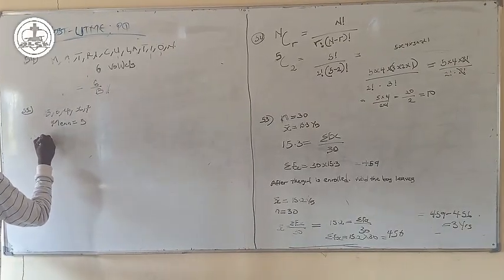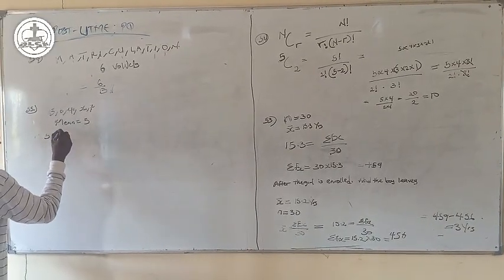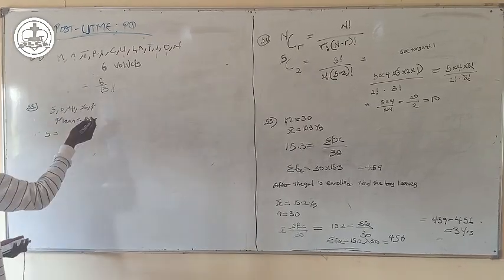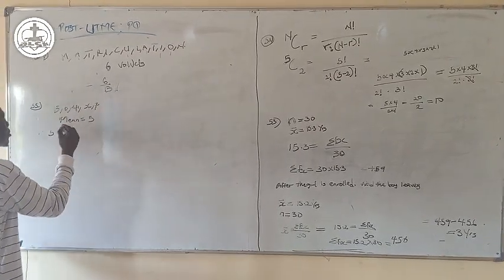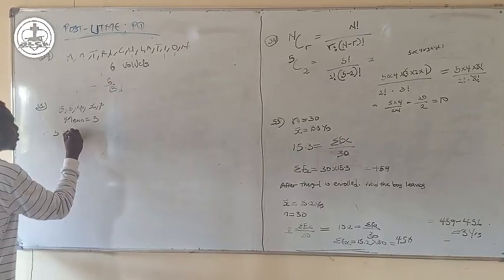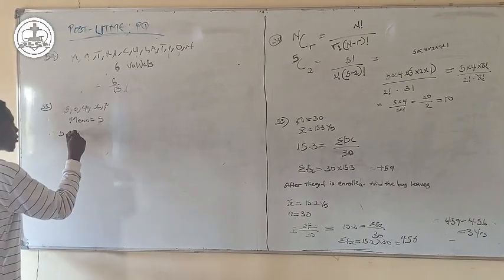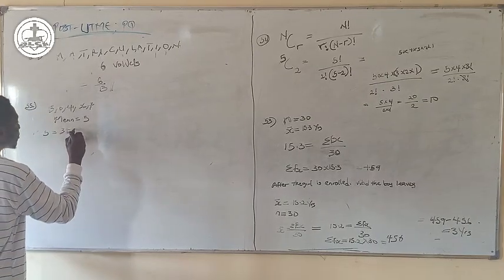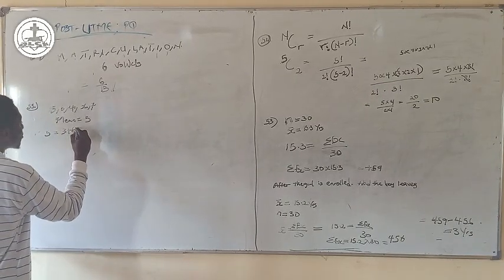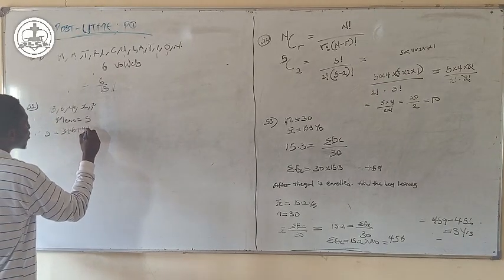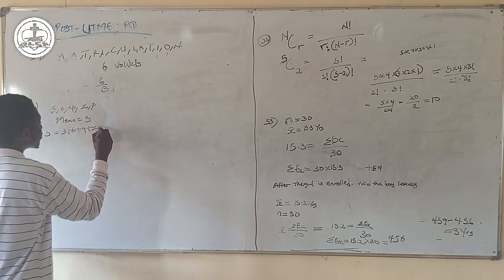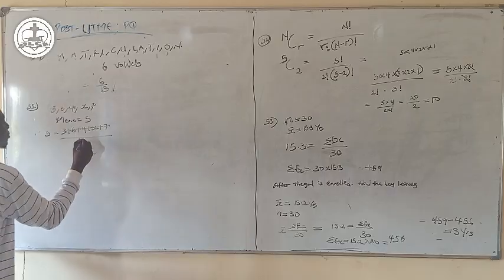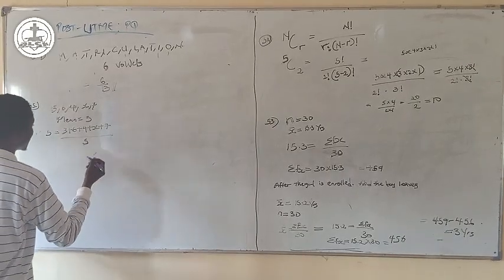I recall that the mean is equal to the summation of all the numbers divided by the total number of values, which is 3 plus 6 plus 4 plus x plus 7, over how many? 1, 2, 3, 4, 5. 5 variables.